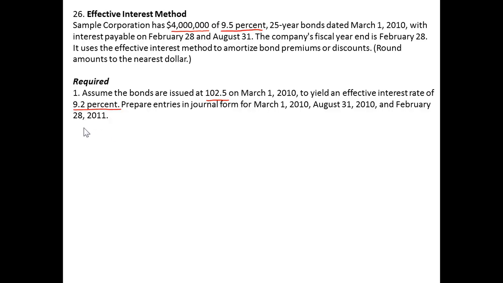So we're going to sell it on March 1st. On March 1st, we're going to debit cash for 102.5% of $4 million, which just so happens to be $4.1 million.